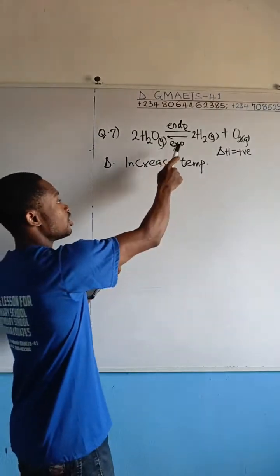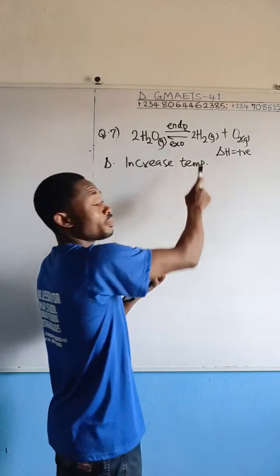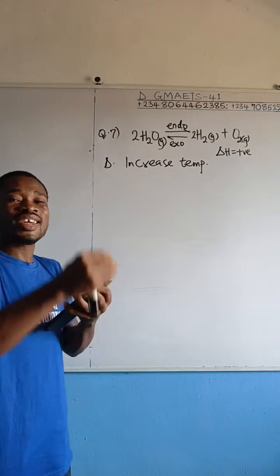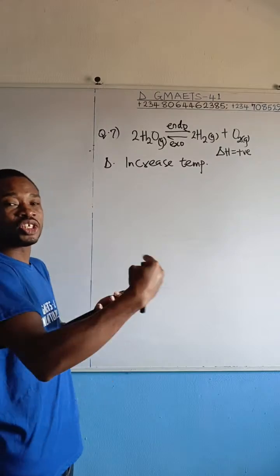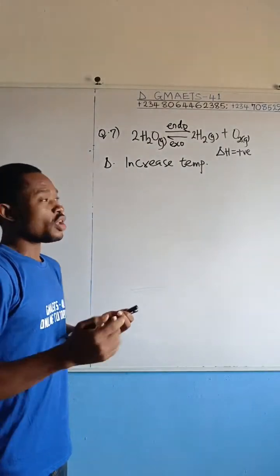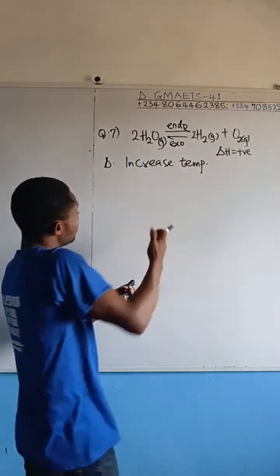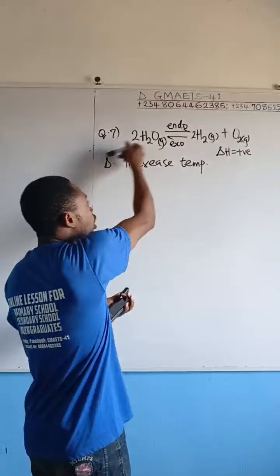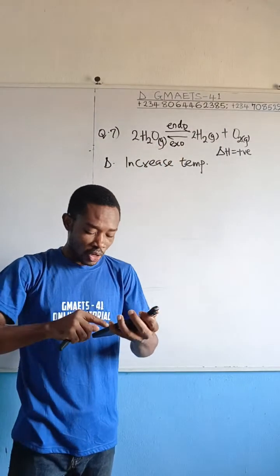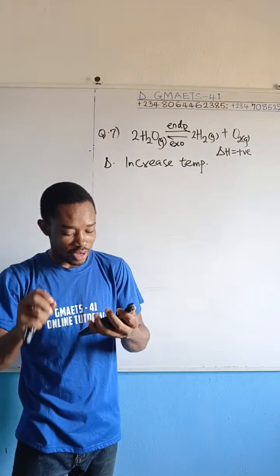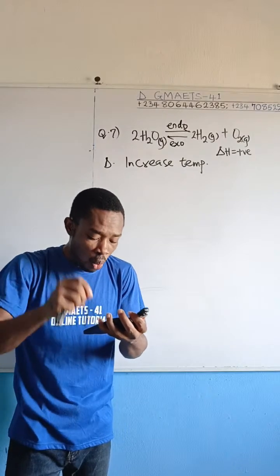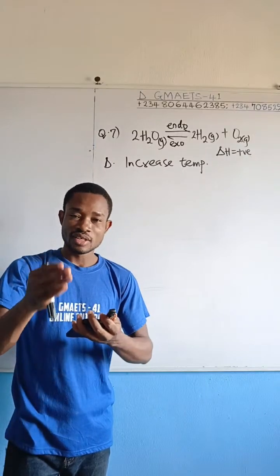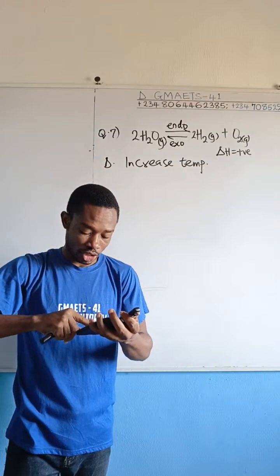Decrease in temperature always favors the exothermic direction. And once any side is favored, more of the species on that side will be produced. So if you say that decreasing the temperature of this system is the answer, it means that more water will be produced. But what the examiner asked is, what will decrease equilibrium amount of water? So what will decrease it is increasing temperature.